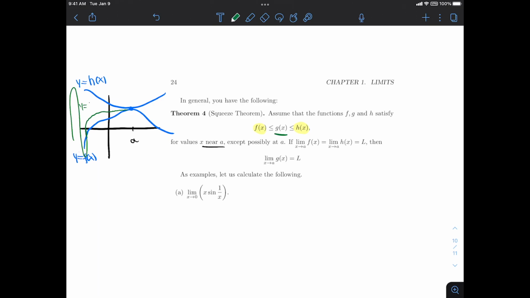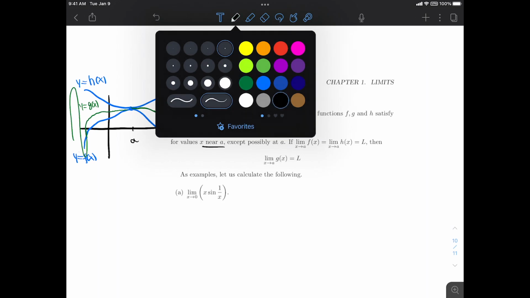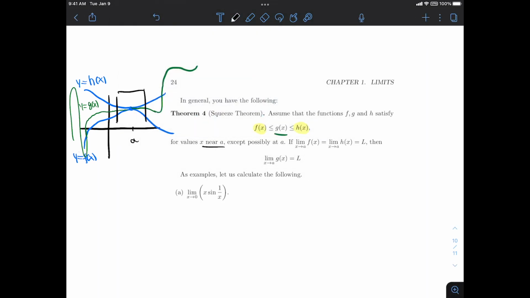So this is y equals g of x. And even on that other side, maybe it escapes over there too, but as long as you're close enough, you're forced to stay between f and h. So this property is satisfied: g is between f and h.